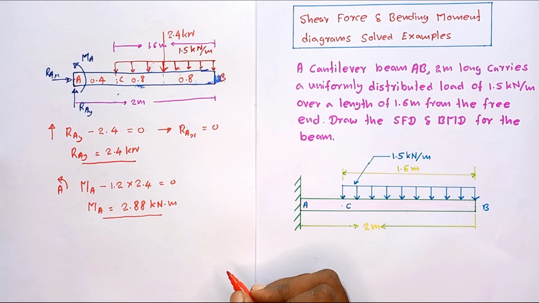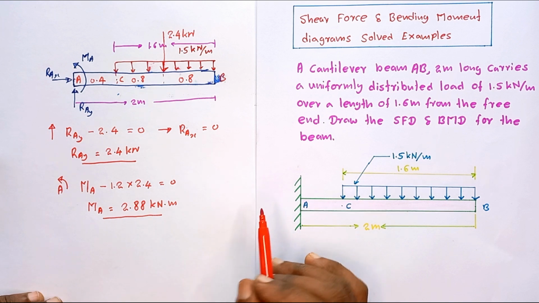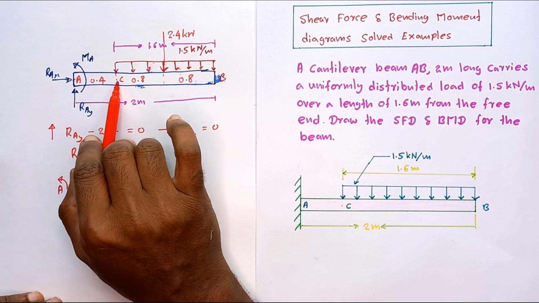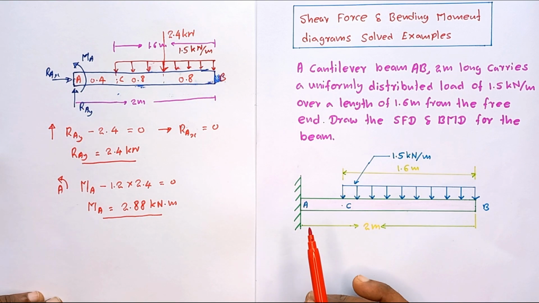Next step, you have to divide the beam into segments so that the loading is continuous. You can see if you take the A to C region, the loading is continuous; there is no external load acting on the beam.